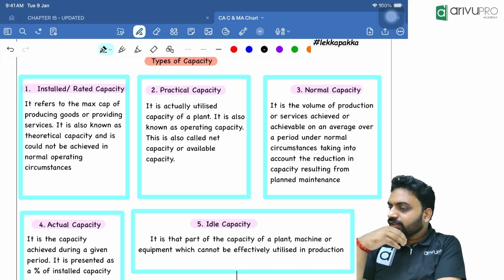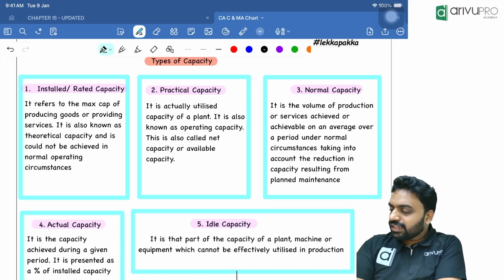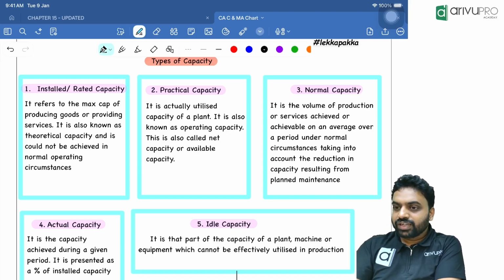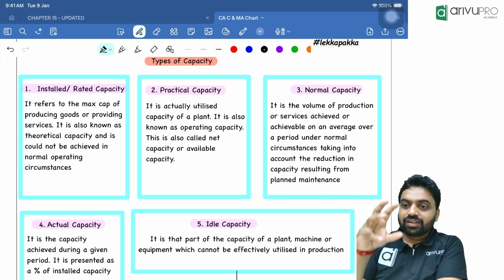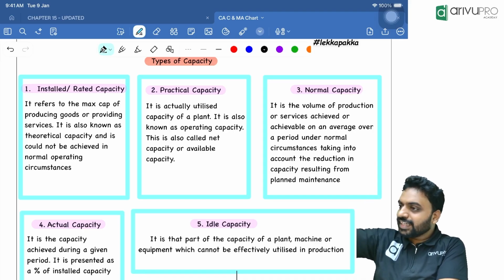Got it? Now, the difference between your practical or normal capacity and theoretical capacity is nothing but your normal idle capacity. For example, the person who sold the machine told you can produce 10 lakh units in a year.